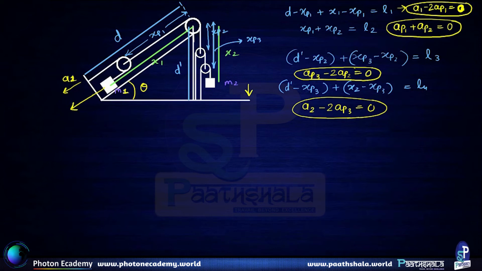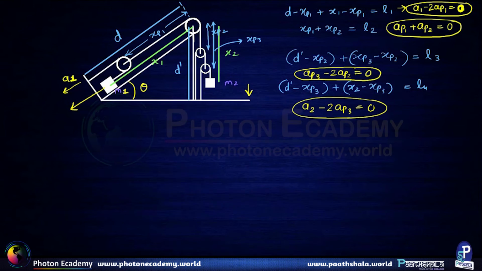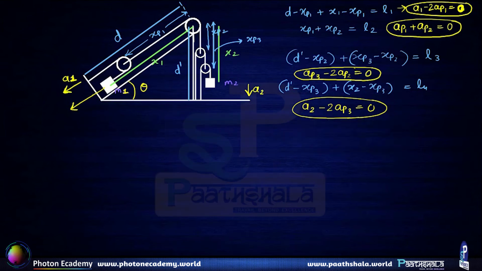So this acceleration is a1. Both masses were initially labeled m2. That's wrong. Both masses are not m2. So the first mass is m1. The acceleration is assumed to be down the slope direction, and that acceleration is a1. And for the mass m2, acceleration is a2 over here.